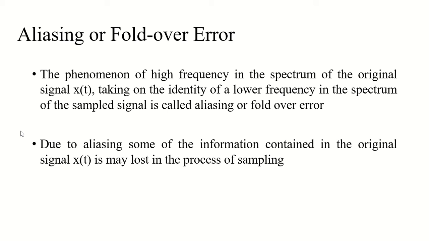In this kind of error, aliasing or fold over error, an adjustment of the signal takes place. I would show you the image, you would get a better idea. What exactly happens is that the adjacent spectrums of the sampled signal get overlapped. And when will this happen?